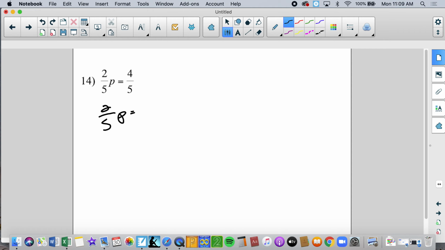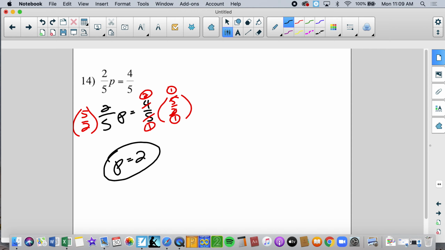2/5 p equals 4/5. We're going to multiply by the reciprocal, 5/2. 5 becomes 1. 4 becomes 2. 2 becomes 1. And p equals 2/1, which reduces to 2.